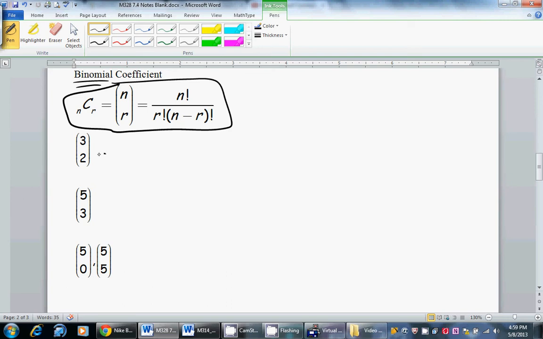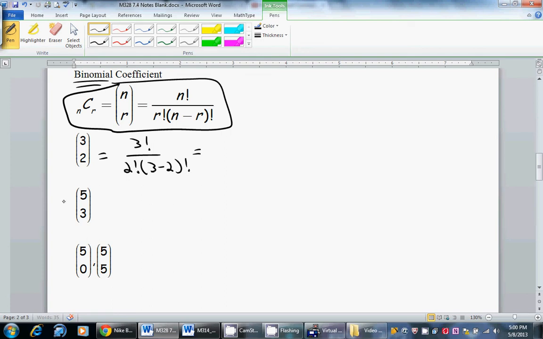So let's try that with the two values I have here. I want to find the binomial coefficient of 3 and 2. This is going to be 3 factorial over 2 factorial times 3 minus 2 factorial.